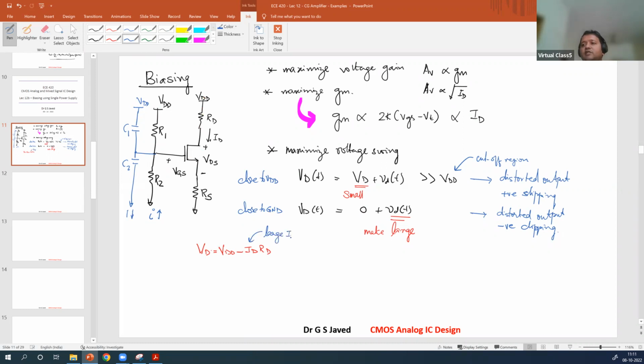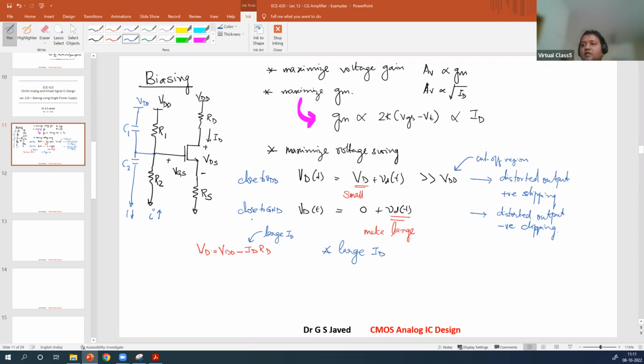If you want a very large ID, because if you have a large ID, you get a large gain. So your aim is to get ID as large as possible. To get maximized voltage swing, you need to have a large ID value. So VD will be reduced.